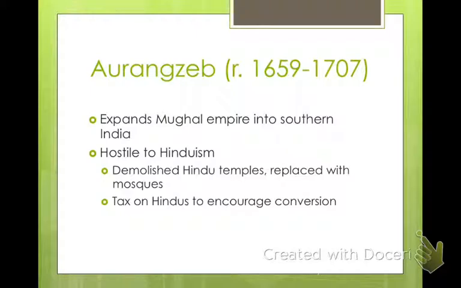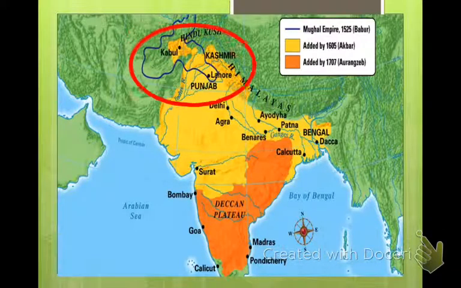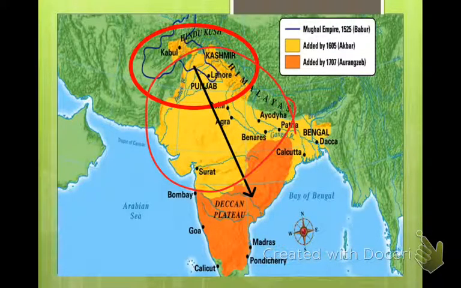He also reinserts the Jizya on Hindus, and we will see a map which shows the growth of this through the three rulers. Initially, you have up in here under Babur the initial parts of the Mughal Empire up to 1525, then expanding southward under Akbar up to 1605, and then further under Aurangzeb down here, by 1707.